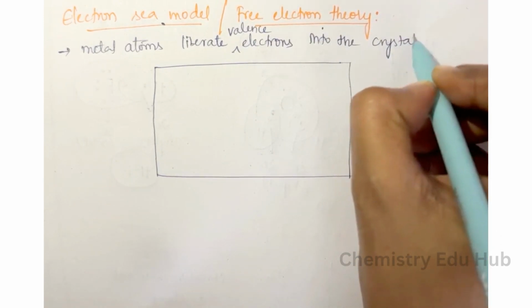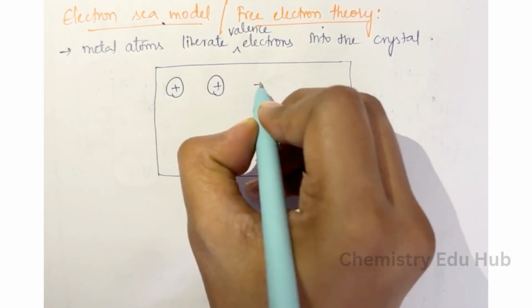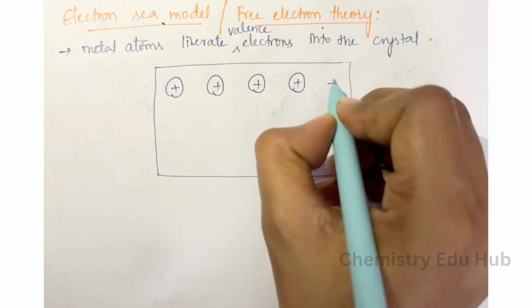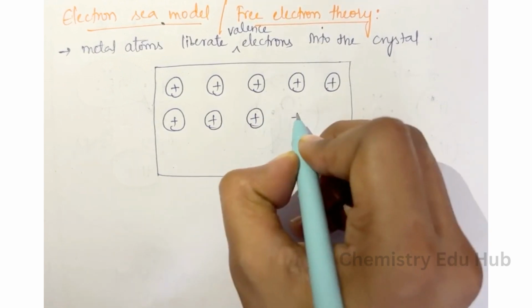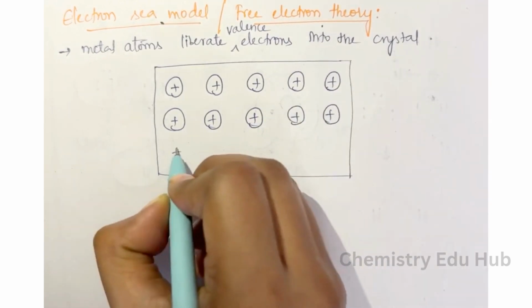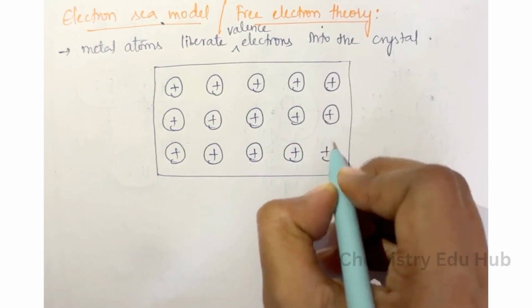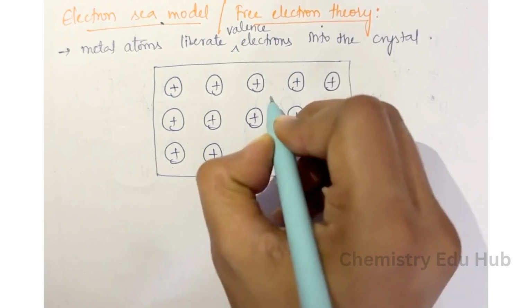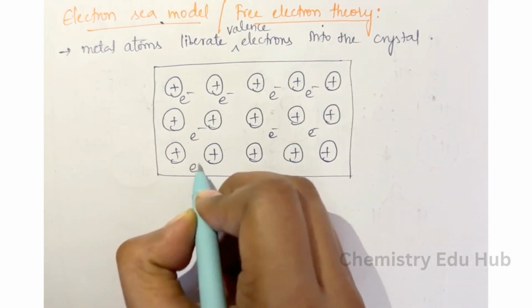So as they release electrons into the crystal, they form positively charged particles as well as negatively charged electrons. These are the metal cations without valence electrons, and in between you can see the free electrons moving throughout the crystal.